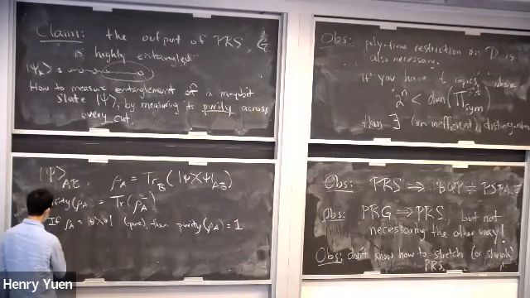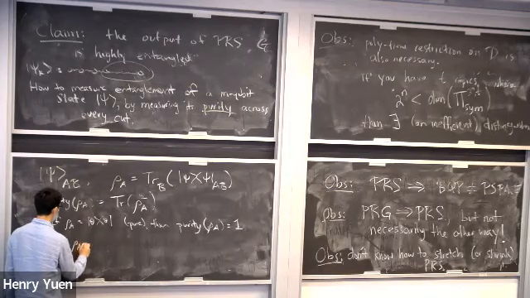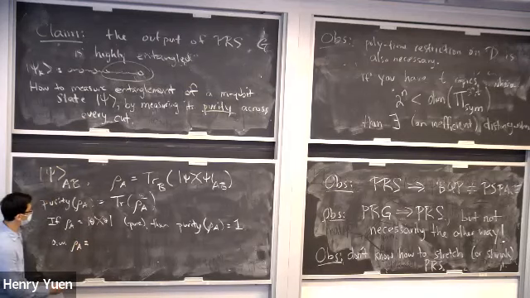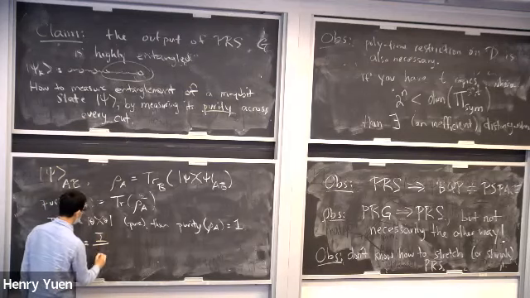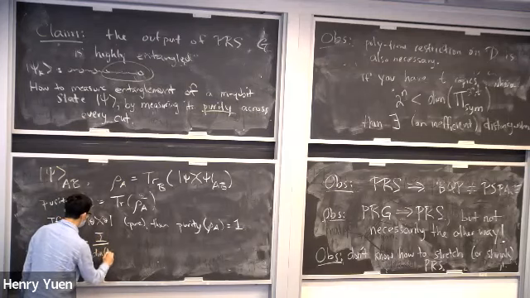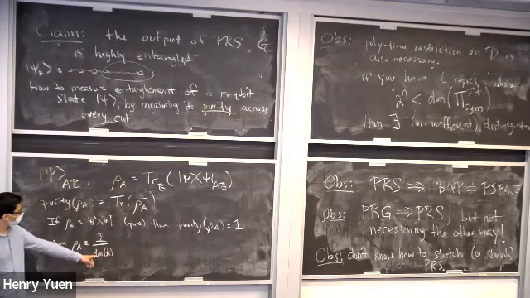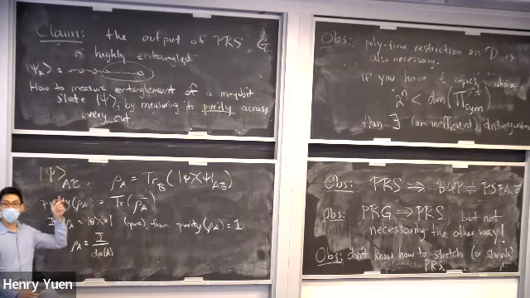On the other hand, the other extreme, let's say that rho A is the maximally mixed state. So it's the identity over the dimension of A. Right? So let's say A was some number of qubits. The dimension of A is going to be 2 to that number of qubits.